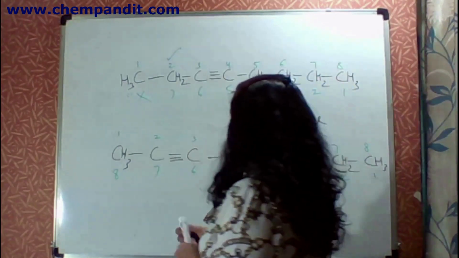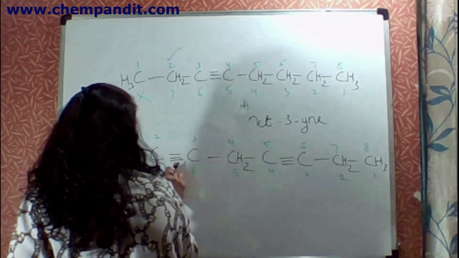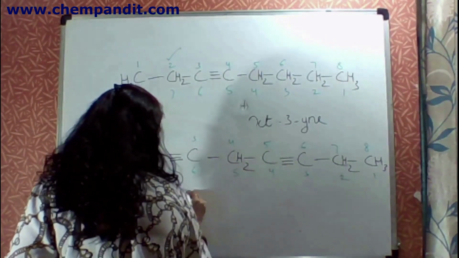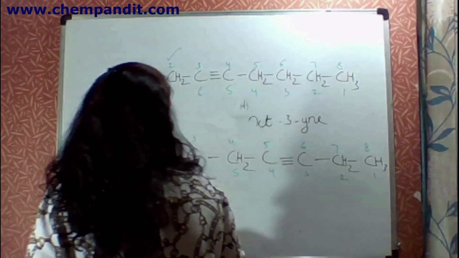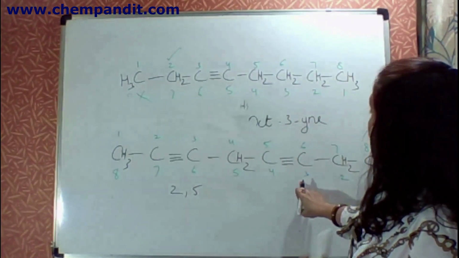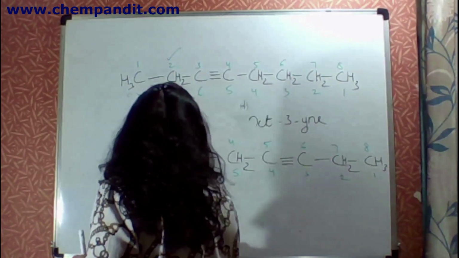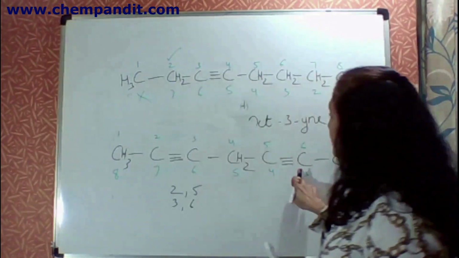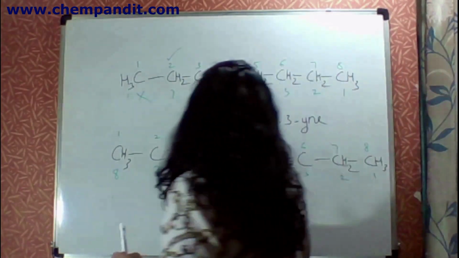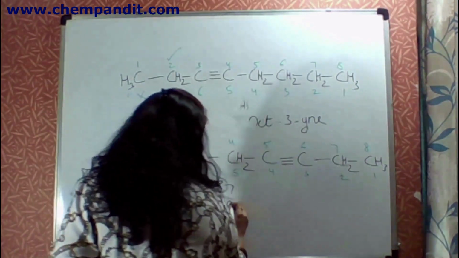In the first condition, if left to right is taken, then the triple bond falls at carbon 2 and 5. And if we number it from right to left, the triple bond falls at carbon number 3 and 6. This is carbon 3 and this is carbon 6. Right? So now let's take the total. The total is 7 and here the total is 9.